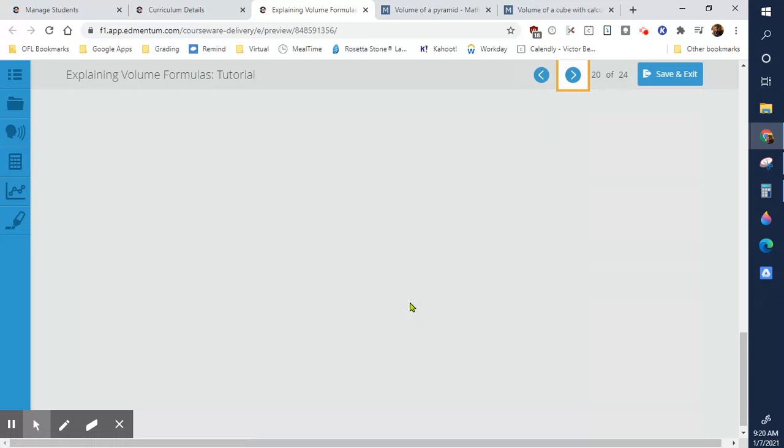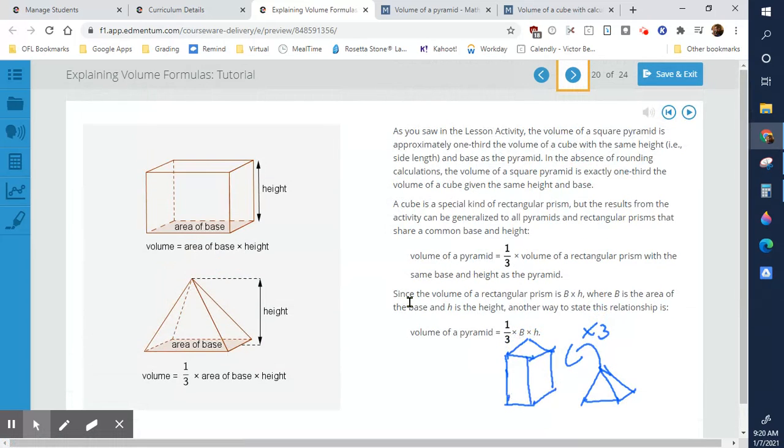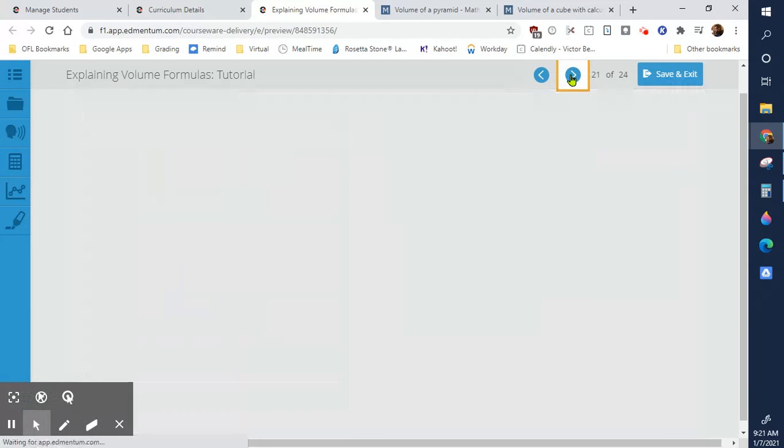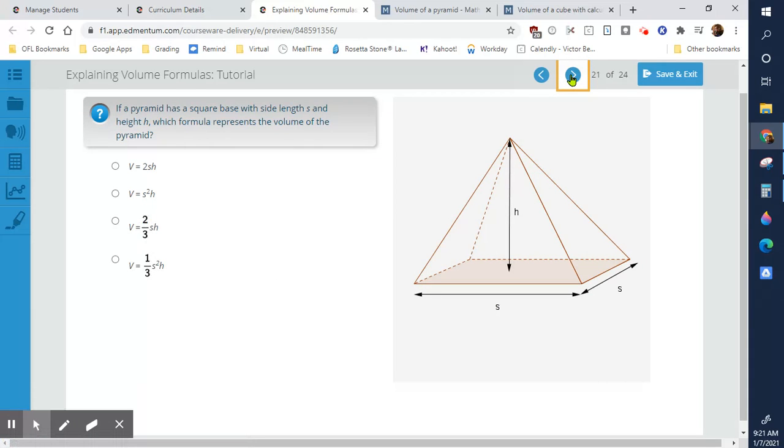What's the formula for a pyramid? If we look at this, it's side length times side length, so side length squared times height, and it's a pyramid. These are triangles in 3D, so we're going to divide it by 3. Let me write that down because I picture it in my head. Side length times side length times height, and all of this is going to be divided by 3 or multiplied by 1/3, however you want to see it.